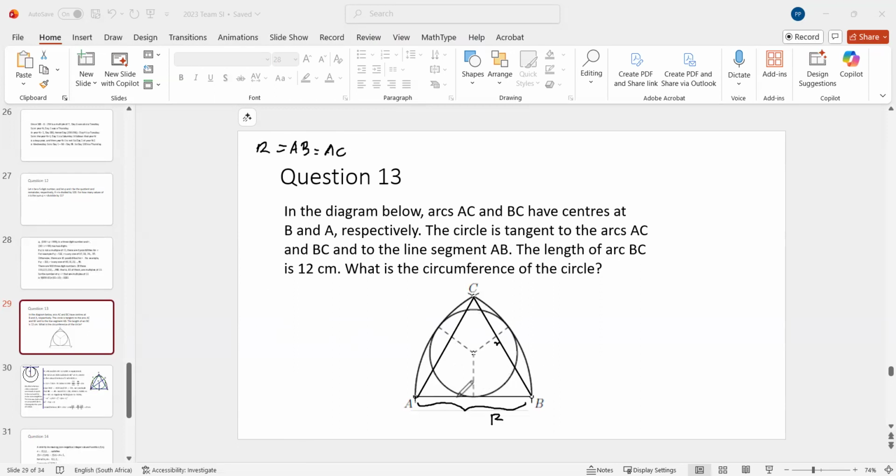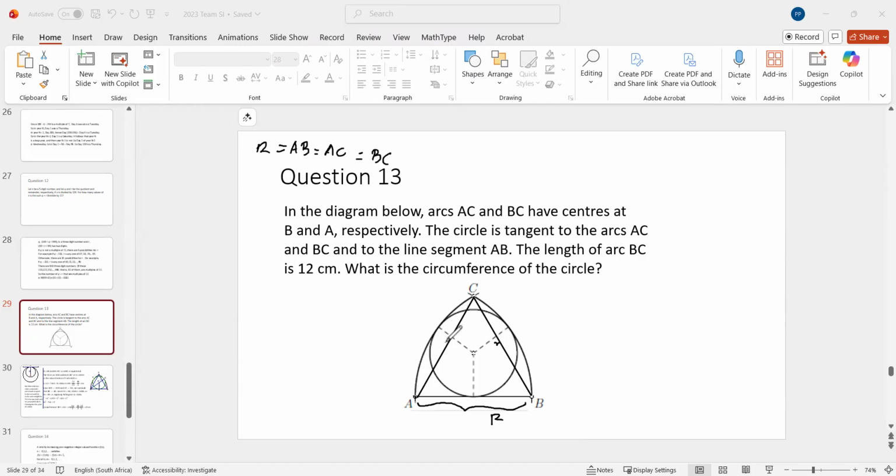And here you've got BA is the radius for this arc here, and BC is also the radius for this other arc. So it's also equal to BC. So in other words, these three sides are all equal. So you have an equilateral triangle. ABC is an equilateral triangle.